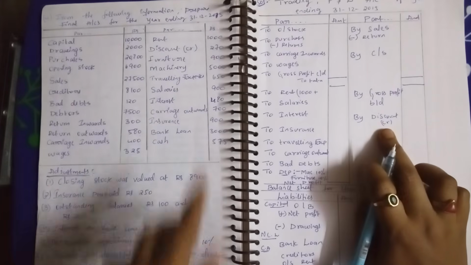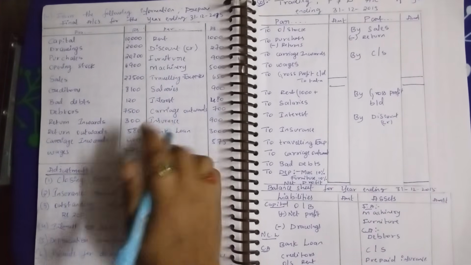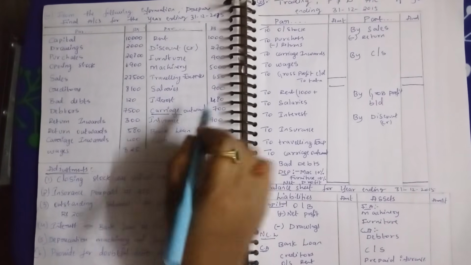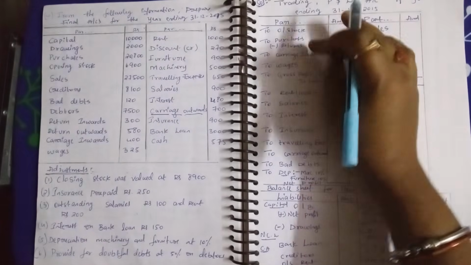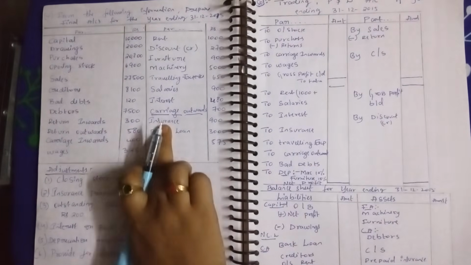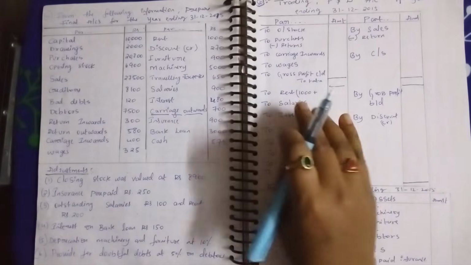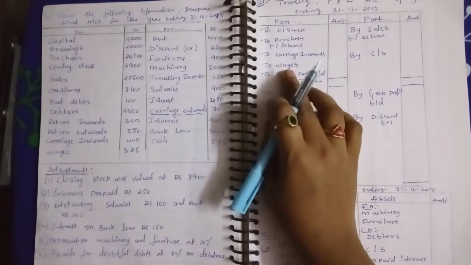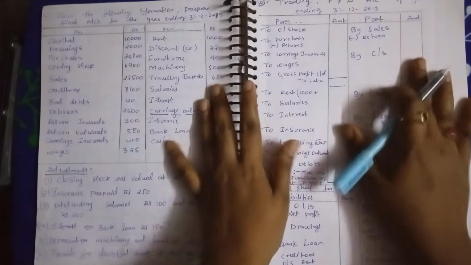Carriage outwards: I already mentioned very clearly, they will give you carriage. Carriage outwards means we have to mention it in the profit and loss account. Carriage inwards means we have to mention it in the trading and profit and loss account. Is that clear?